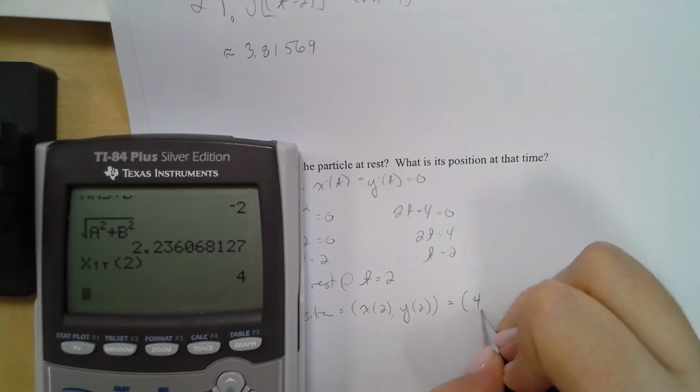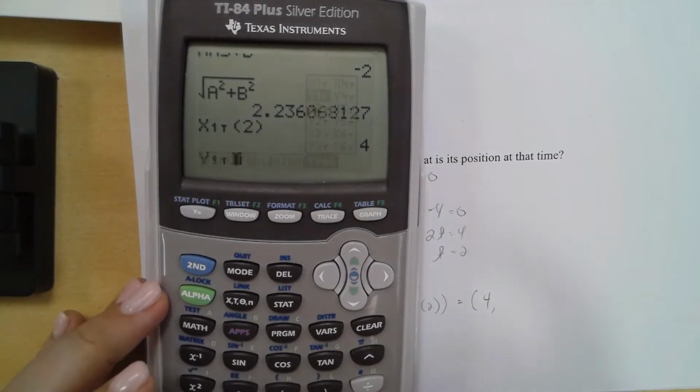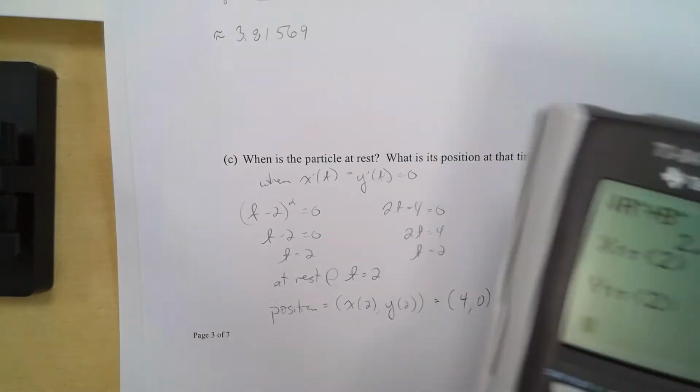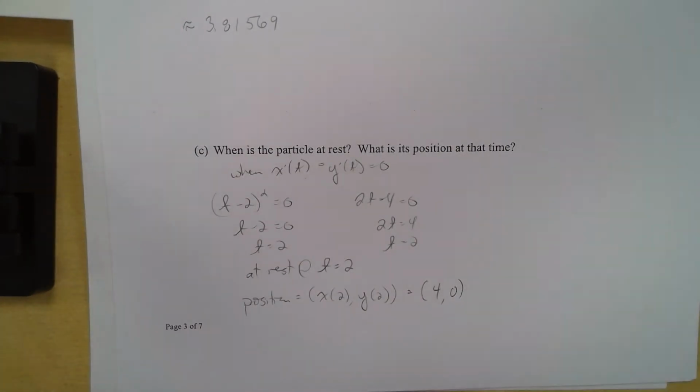And alpha f4 of y of 2, and I get 0. Now, those are probably simple enough that we could have solved them, but I just wanted to show you how to do that on the calculator. Okay, let's keep going.